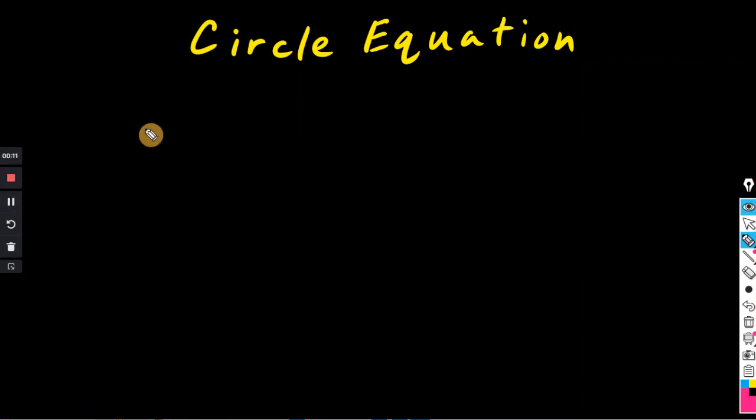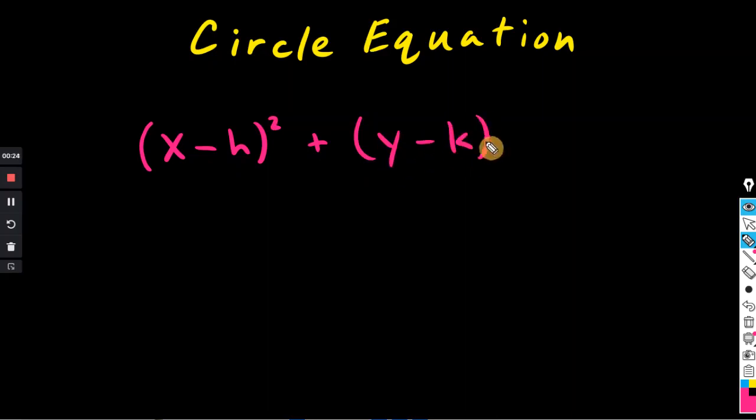The equation of a circle is going to be x minus h, quantity squared, plus y minus k, quantity squared, equals r squared.